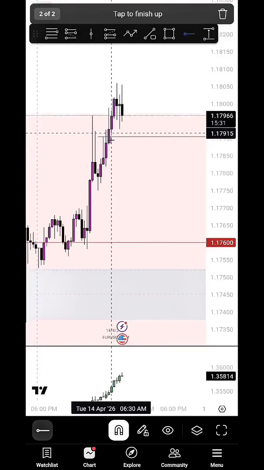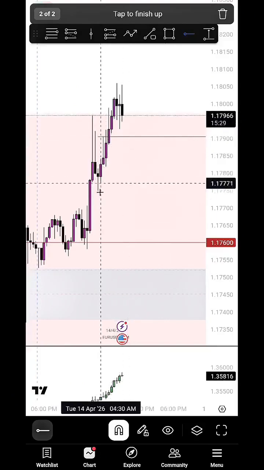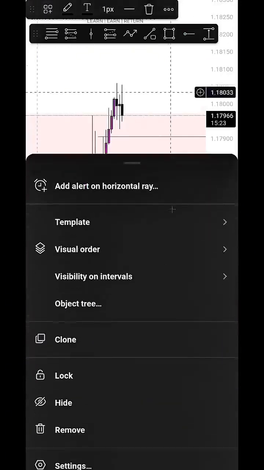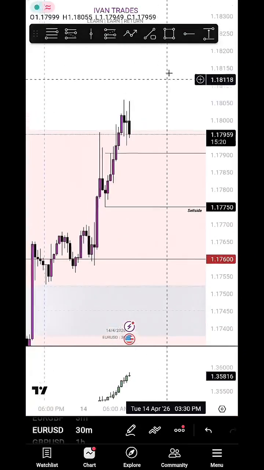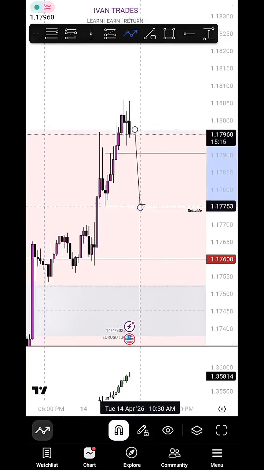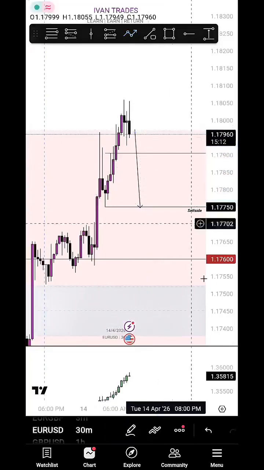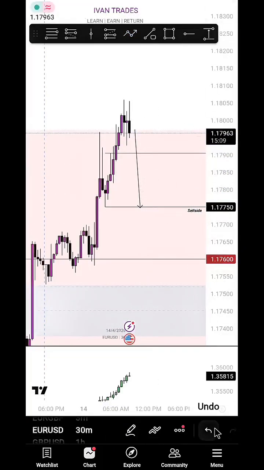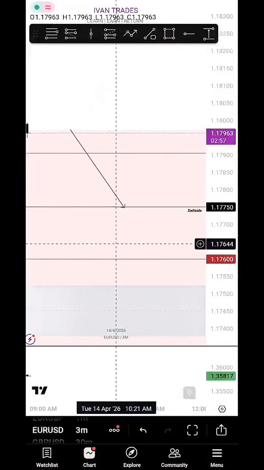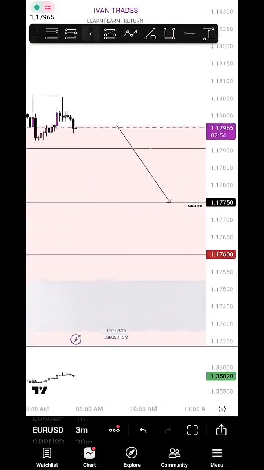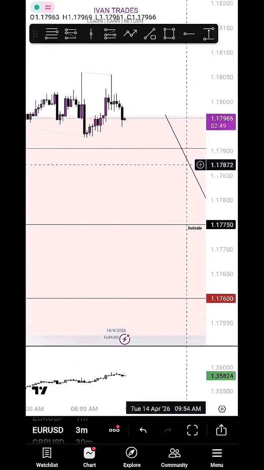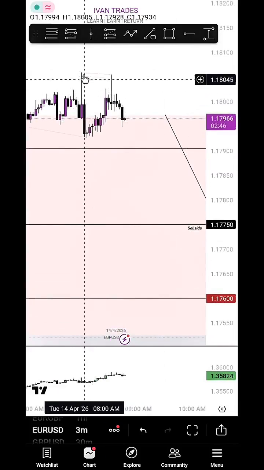So what I'm expecting is for the price to retrace at least back into the equilibrium of this range. So I'm looking at the possibility of the price providing a retracement at least to this equilibrium, or even a reversal back to this internal low, which I can mark out as a sell side liquidity pool. So I'm expecting a move like this one.